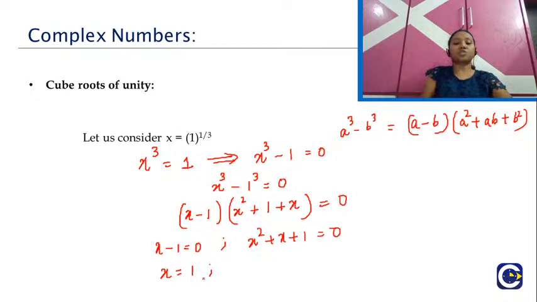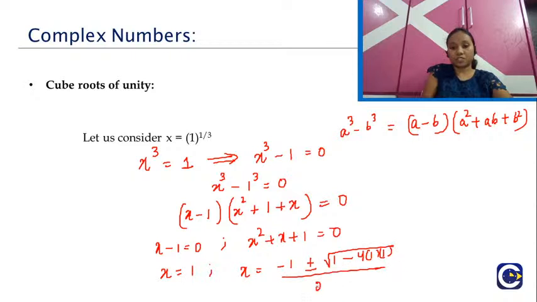So what are the other two solutions? Here we have a quadratic equation. So let's simplify this quadratic equation so that we end up with the other two solutions of this cubic equation. Let's simply follow our formula: minus b plus or minus root over b square minus 4ac, over 2a, that means 2.